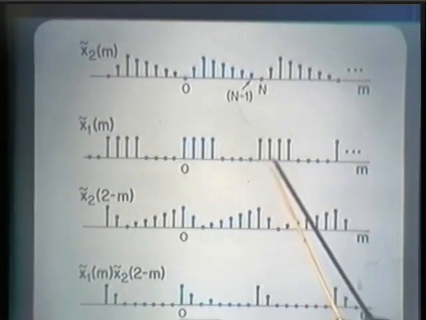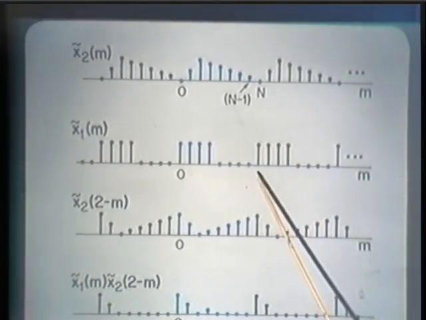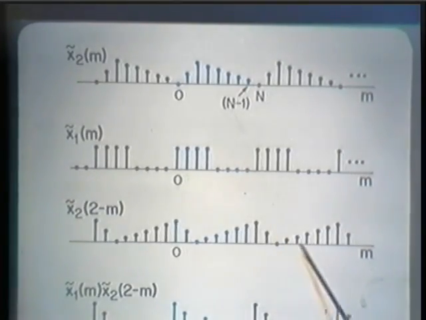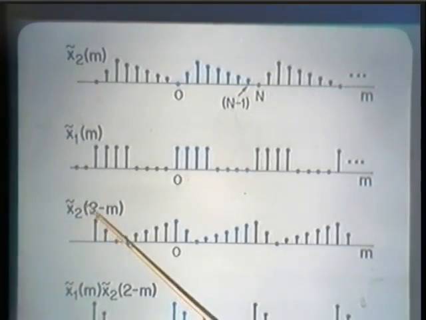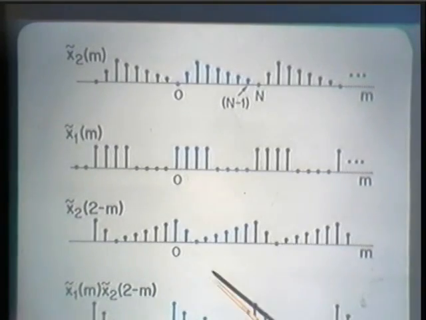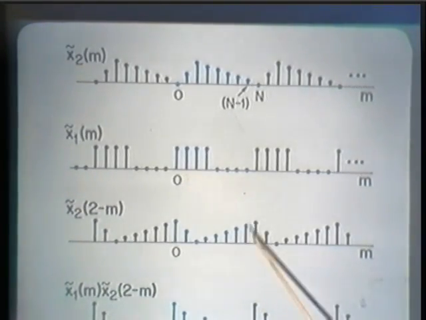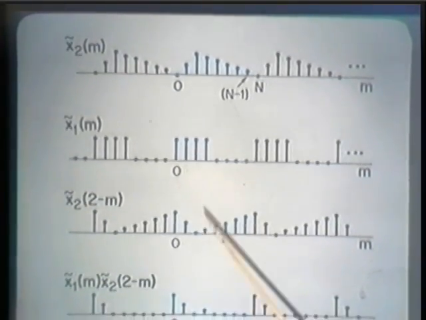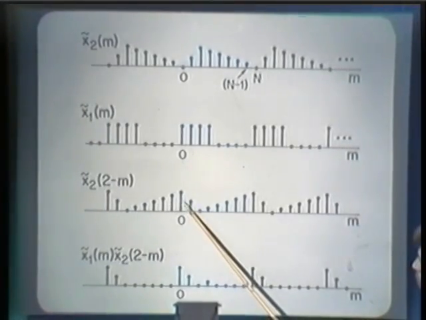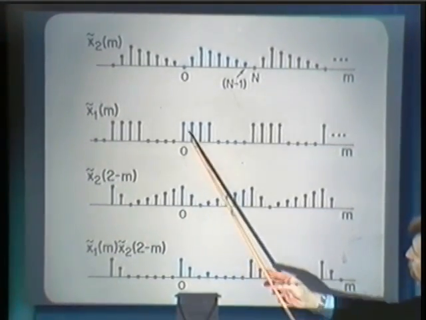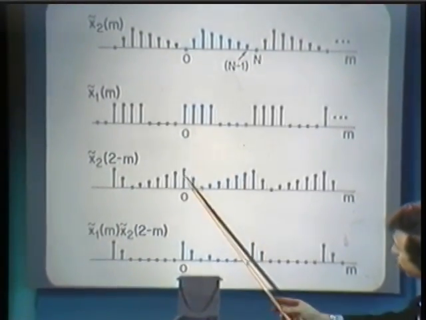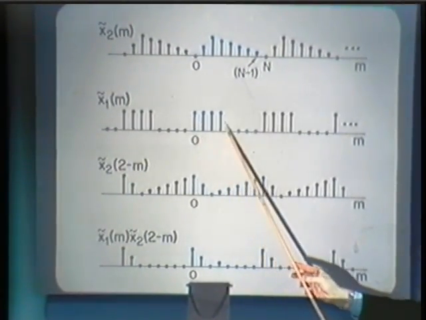But then to form the convolution of this sequence with this sequence, after having constructed x2 tilde of n minus m, we carry out the multiplication of these two sequences. The result of that multiplication I've indicated here, so that for this particular example, these 4 points get multiplied by these 4 values.